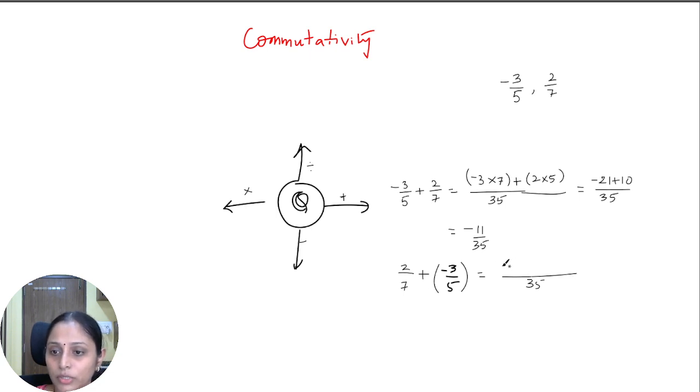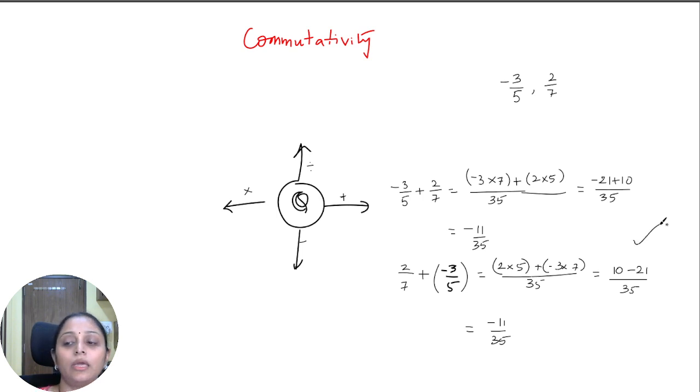And this is going to be 2 into 5 plus minus 3 into 7, which is nothing but 10 minus 21 by 35, which is again minus 11 by 35. So clearly I can conclude that addition is commutative for the set of rational numbers.